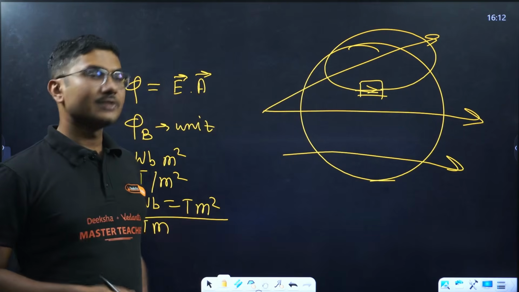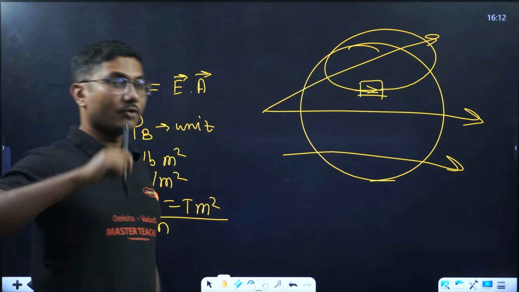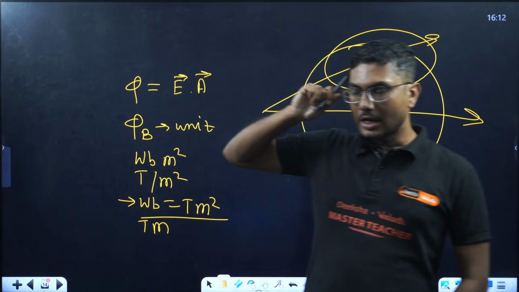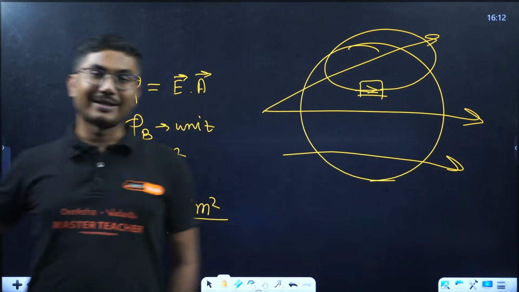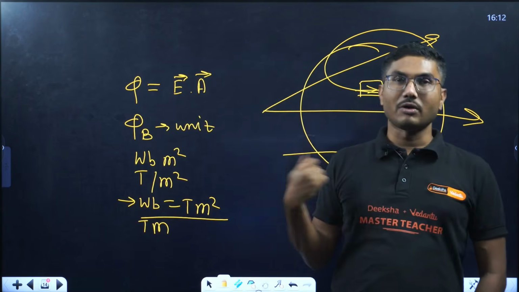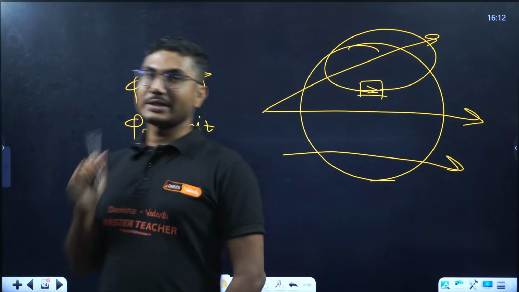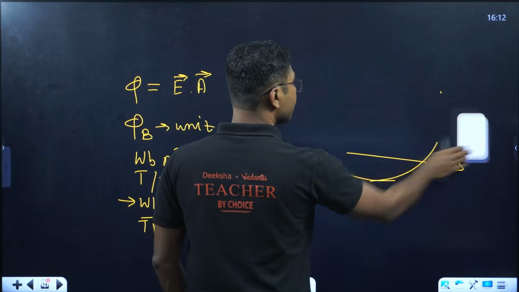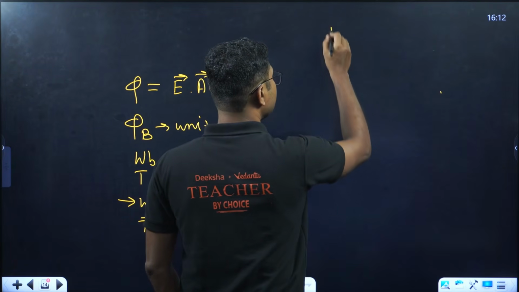So magnetic flux for a closed surface is 0, but for an open surface it is not 0. Students often relate to that fact that okay, for closed surface magnetic flux is 0, so magnetic flux is always 0. No, magnetic flux is not 0 if the surface is not closed.